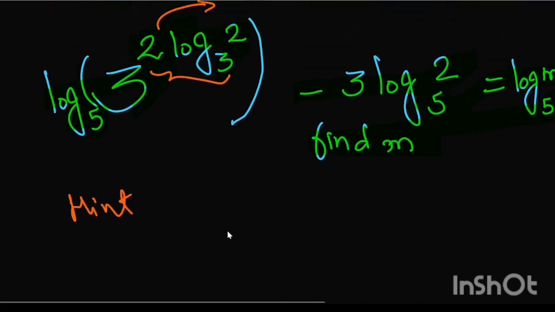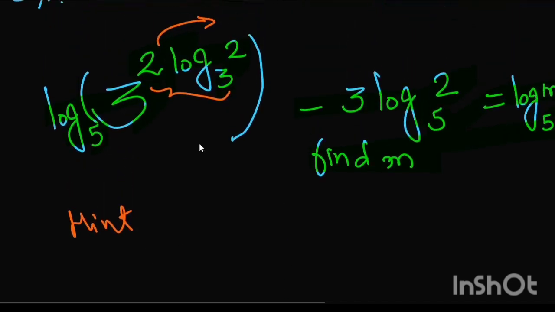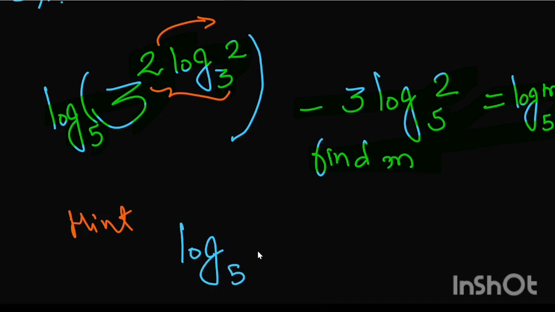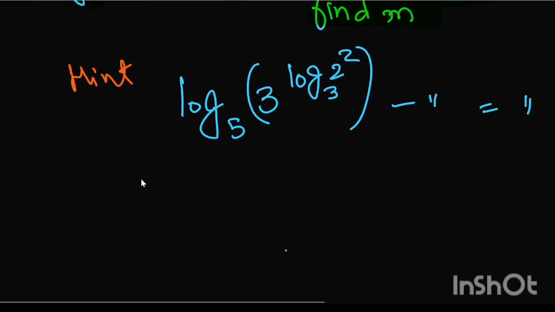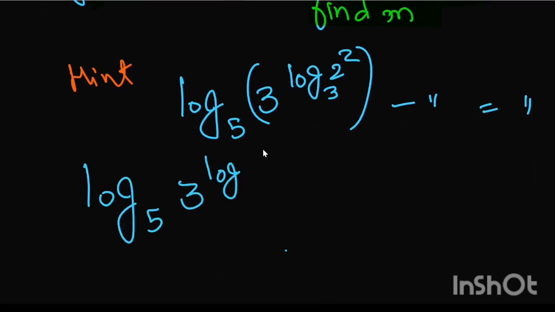So what we will do in the next step, log base 5 as it is, this 2 will go in the power, so this becomes 2 square base 3. Other two terms are the same as it is. So log base 5 of 3 to the power log 4 base 3, minus the other two terms as it is.